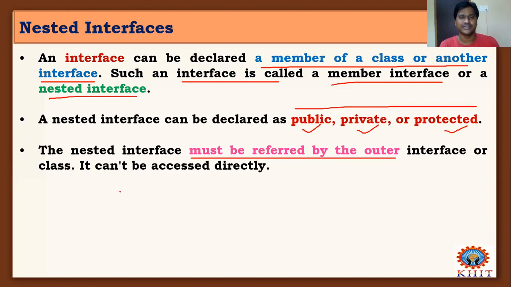It was already learned in the concept of nested classes: inner class methods cannot be accessed directly outside of the outer classes. We can refer to nested classes or nested interfaces only through the outer interfaces or outer classes in whose scope they are defined, so they cannot be accessed directly. We will see these points clearly in the example program.